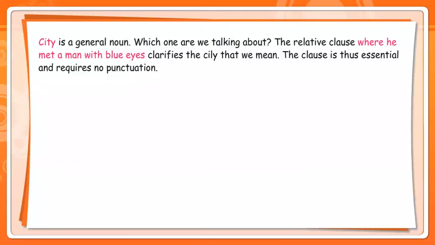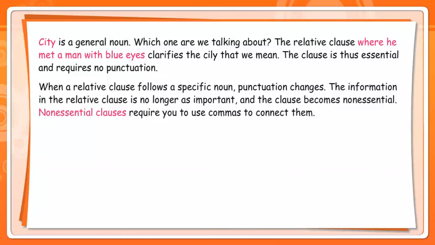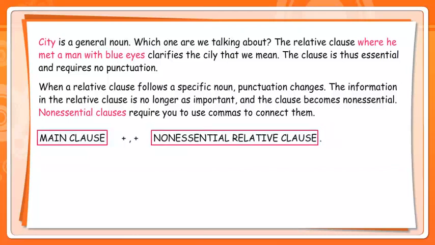When a relative clause follows a specific noun, punctuation changes. The information in the relative clause is no longer as important and the clause becomes non-essential. Non-essential clauses require you to use commas to connect them. Main clause, comma, non-essential relative clause.